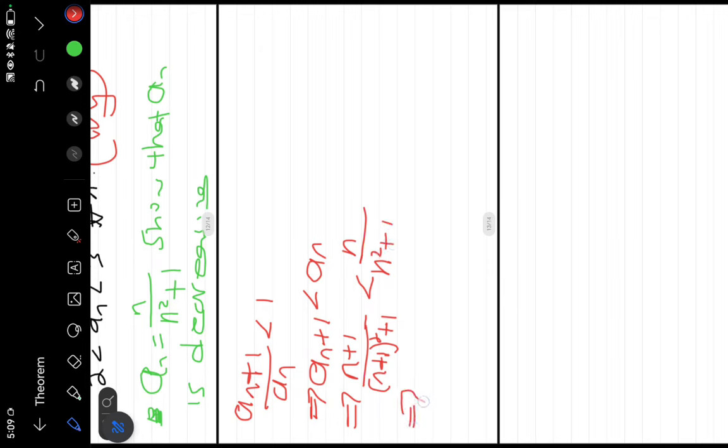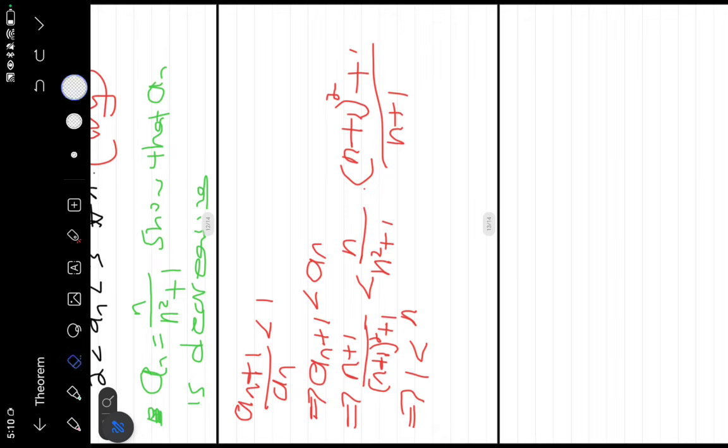And then I multiply both sides by this. Here I'll have 1 is less than n. So I'll just multiply both sides by n plus 1 squared plus 1 all over n plus 1. If I also multiply by it on this side, it will cancel out and we're left with 1. You see, right?